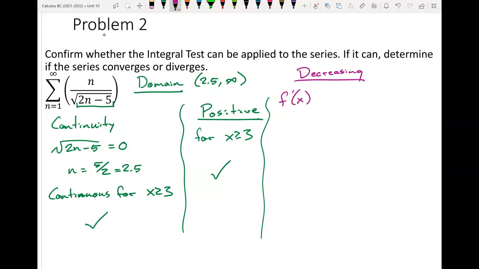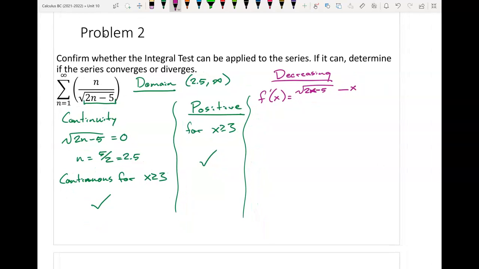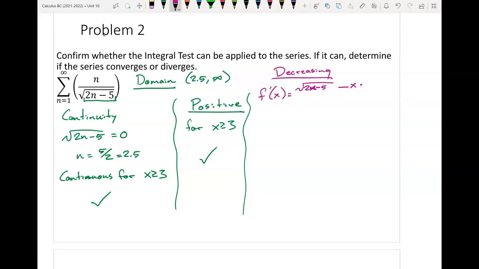So f prime is going to be the square root of 2x minus 5 times 1 minus x times, with the chain rule, 1/2 times 2, and the 2s will cancel. Okay, so we have everything there.